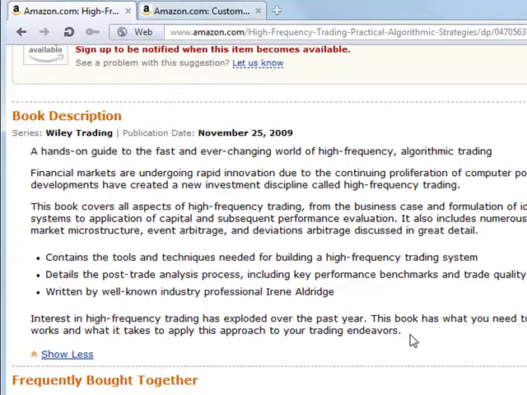There's a decent discussion about high frequency trading systems, all the different components, languages, and needing risk management software. It gives a really good overview of the whole operation of a high frequency trading environment.